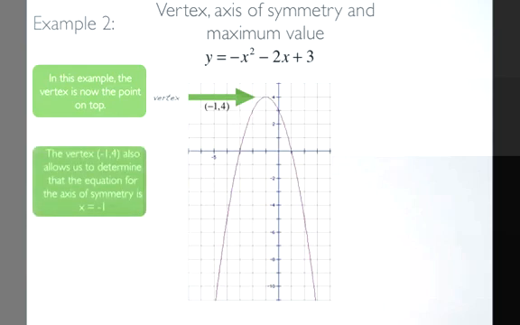The vertex, negative 1, 4, also allows us to determine that the equation for the axis of symmetry is x equals negative 1. The axis of symmetry will begin from x equals negative 1 and go up and down from there. There it is, our axis of symmetry, where x is equal to negative 1.